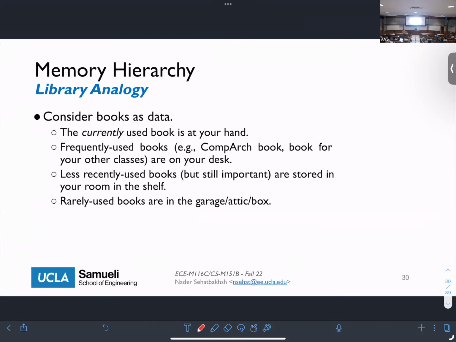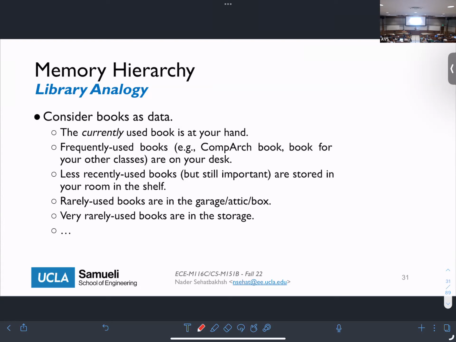And this story basically continues. Then you probably have another larger shelf or a box in the attic or in the garage or somewhere else. And not only that, there's also the option of going to an actual library or the bookstore and grabbing the book if you want to.